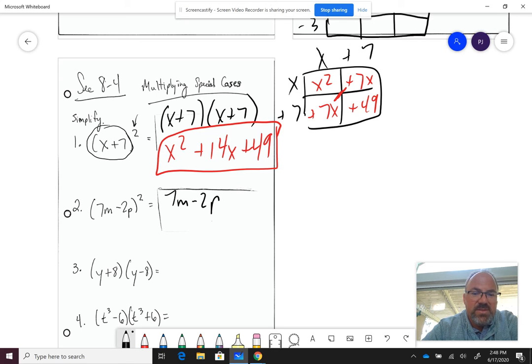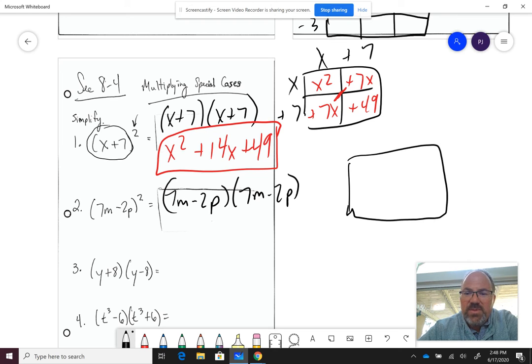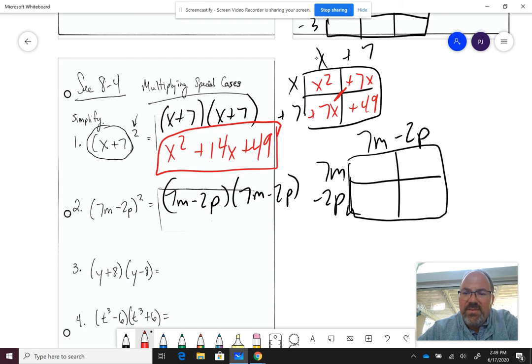7m minus 2p times 7m minus 2p. You multiply those together. Now, you can still do this even with multiple variables. 7m minus 2p, 7m minus 2p. 7m times 7m, 49m squared. How about 7m times negative 2p? Well, it's negative 14mp.